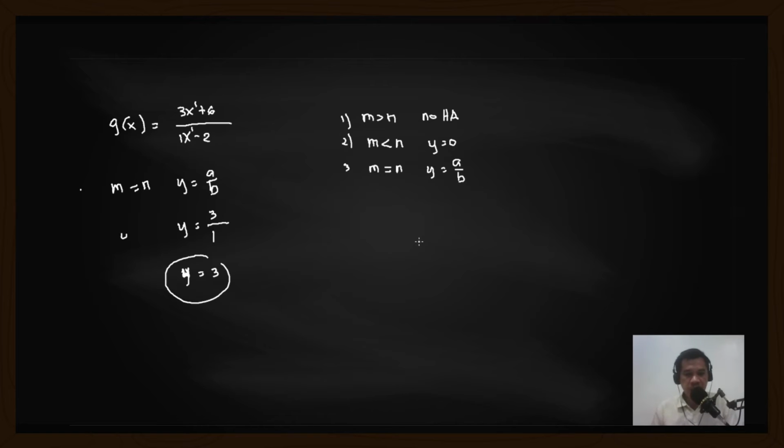Now let's have another example. We have f of x is equal to 2x raised to 2 plus x minus 1, and below we have x plus 3. Again, in finding the horizontal asymptote, we simply compare the exponents. We have to make sure that the arrangement of our polynomials is in standard form, so descending order.